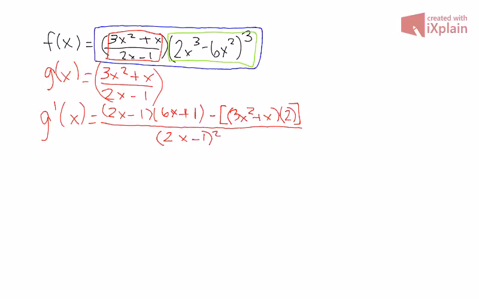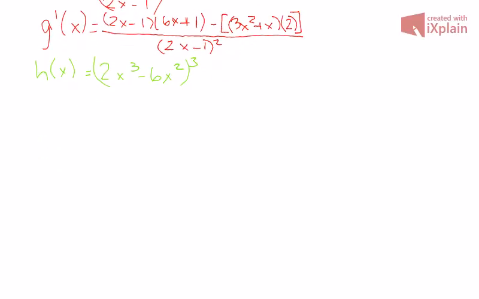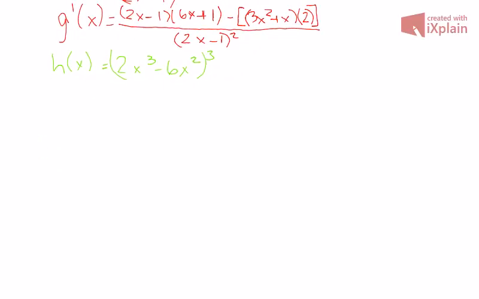Now, I'm going to take the green function and I'm going to call that h of x. 2x cubed minus 6x squared, all cubed. And this is a power rule. So if I want to take the derivative of that, I have h prime of x equals 3, which is our exponent, times our coefficient of 1.